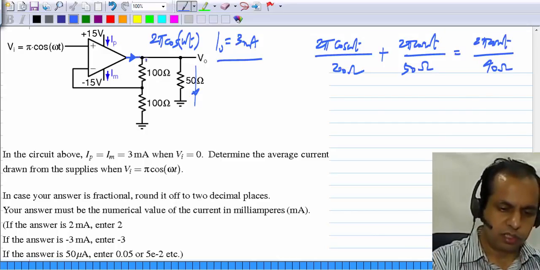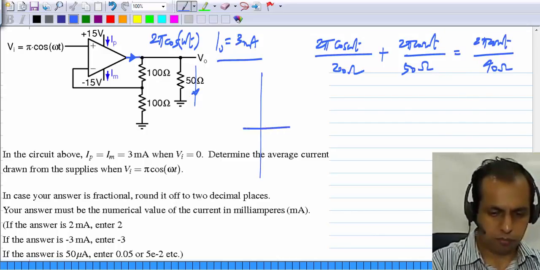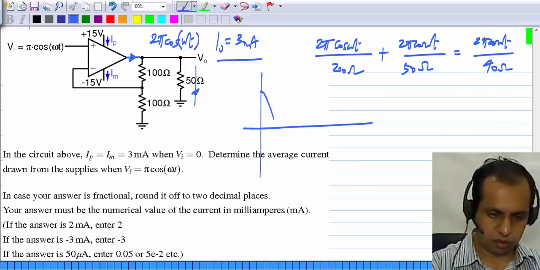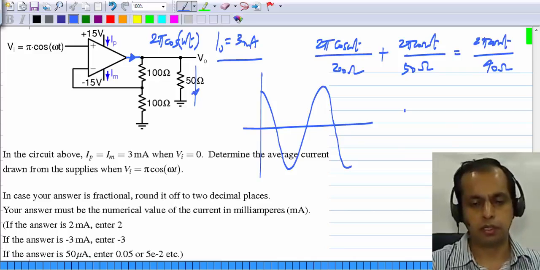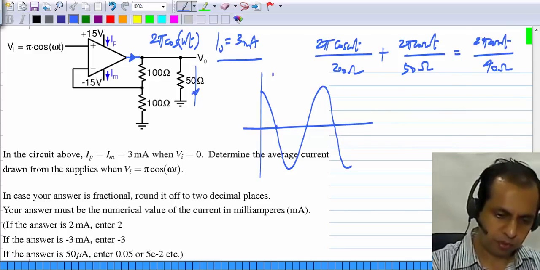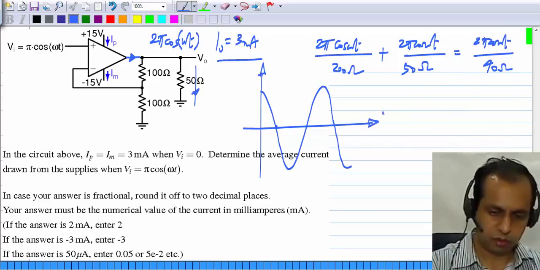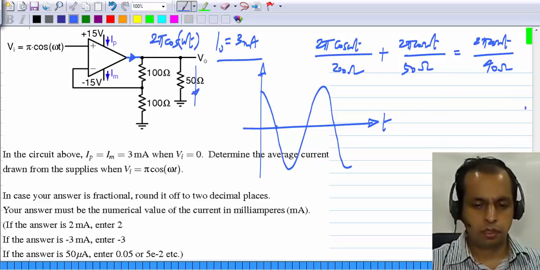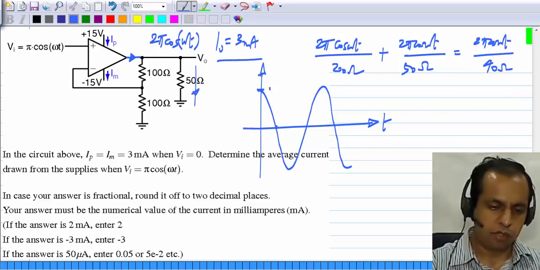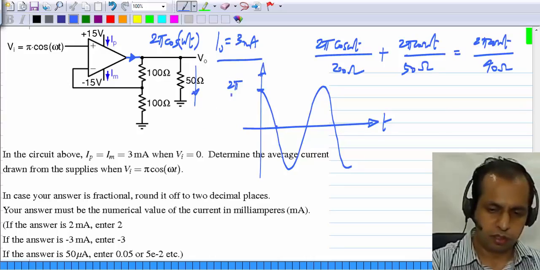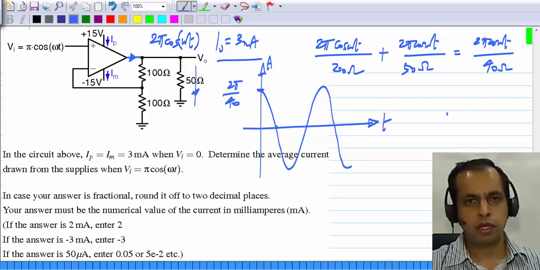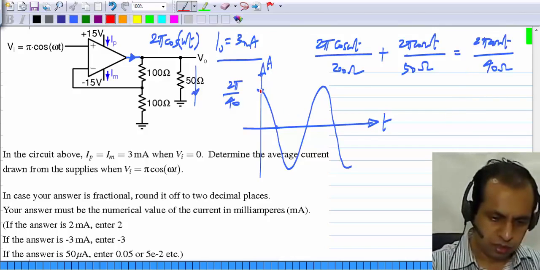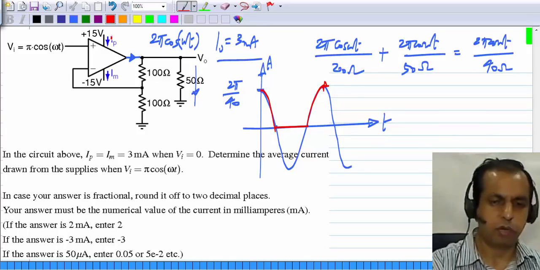Now that is the output current, and that looks like that. The amplitude is 2 pi divided by 40, and this axis is in amperes. And out of this we know that the positive part contributes to Ip.